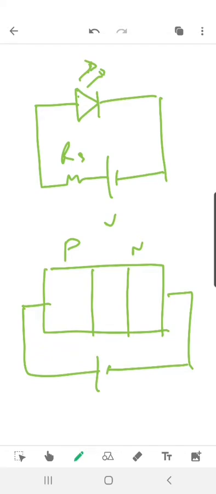The holes, the majority charge carriers from our P side, and the electrons, the minority charge carriers from our N side, will move under the influence of this applied voltage, as we know during forward biasing. So they will tend to cross the junction and recombine at the junction. During this recombination, the electron will emit its energy in the form of light, and light will be emitted.